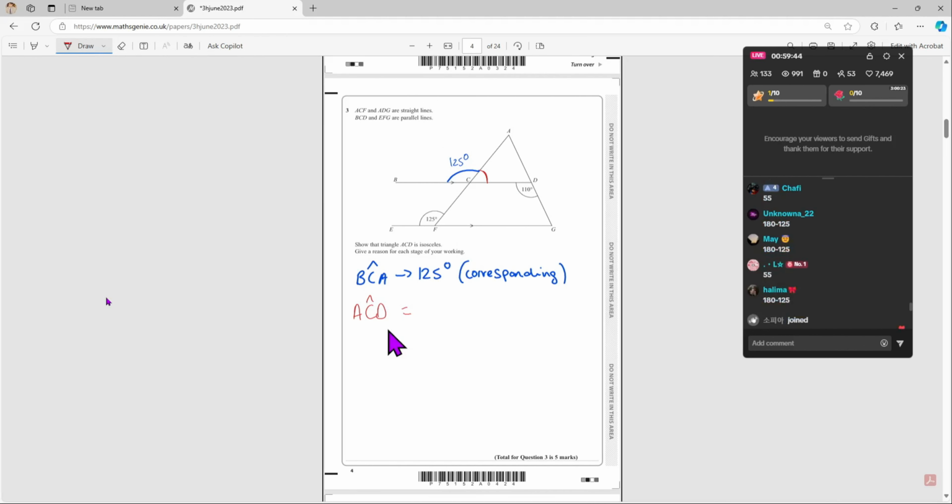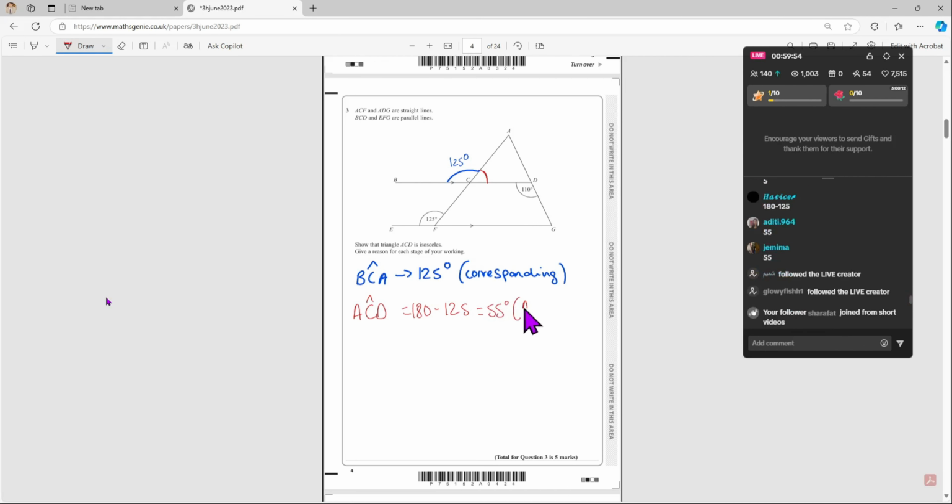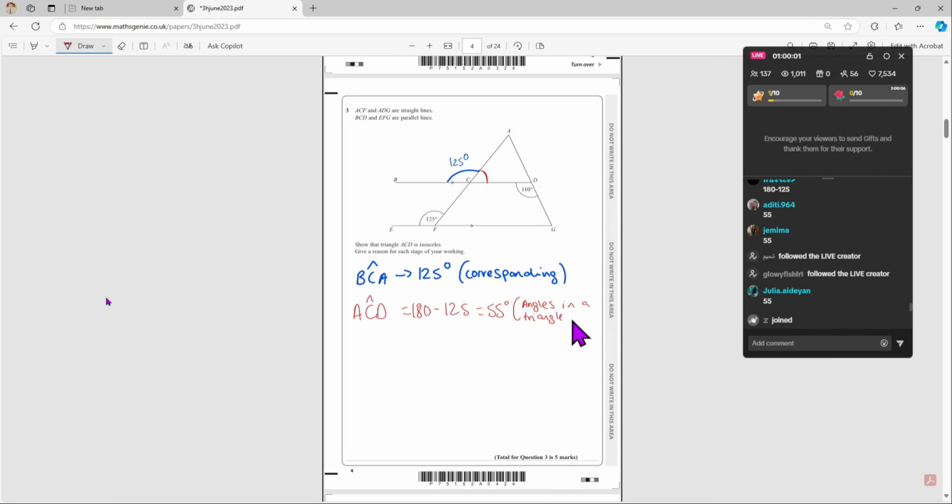Yes, we're going to do 180 minus 125, which will give you 55 degrees. And write angles in a triangle add up to 180 degrees. So I'm at 55 degrees here.